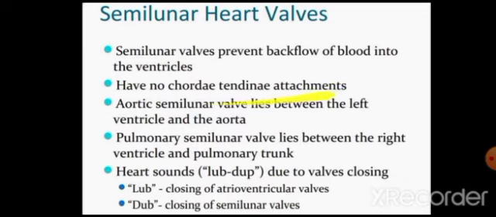They have no chordae tendineae attachments. Aortic semilunar valves lie between the left ventricle and aorta, and pulmonary semilunar valves lie between the right ventricle and pulmonary trunk.